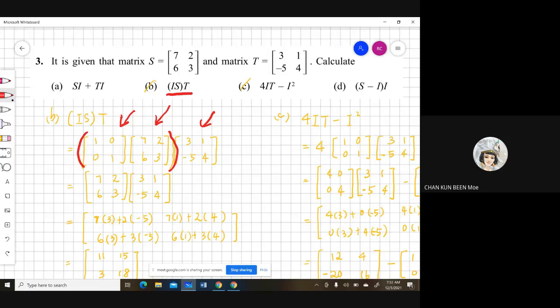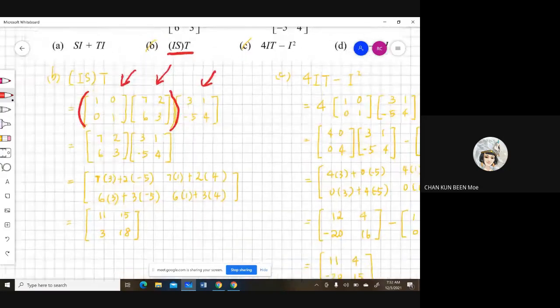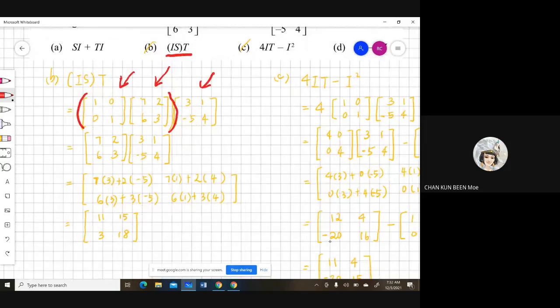So we solve the one in bracket first. Therefore, you will have 7263 for IS multiplied by T. Show your calculation and you will get this one: 11, 15, 3, 18.